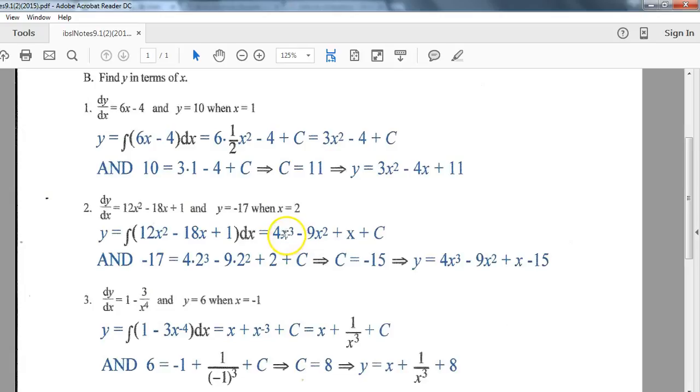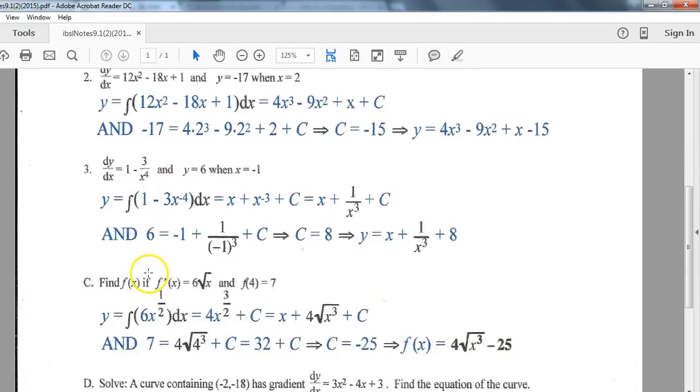If we did all that and did a little cleanup, ultimately this is where we would end up, and we have our plus c. But because they gave us this extra information, I can replace my x with 2, set the whole thing equal to negative 17, just like you're seeing right here. If we solve that equation for c, we find out that c is negative 15. So now we can throw in the negative 15 for c and get that function.